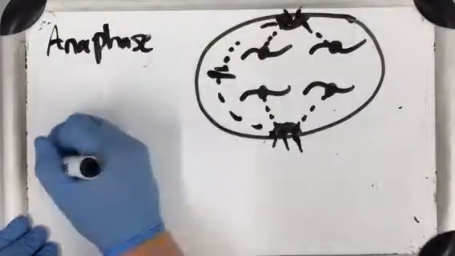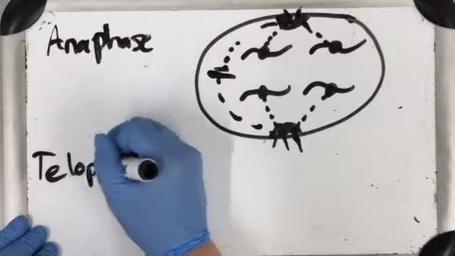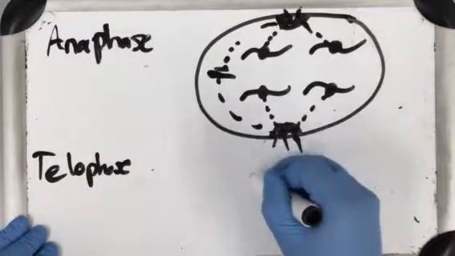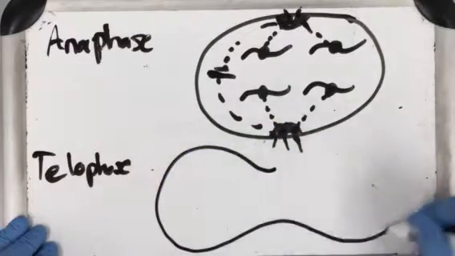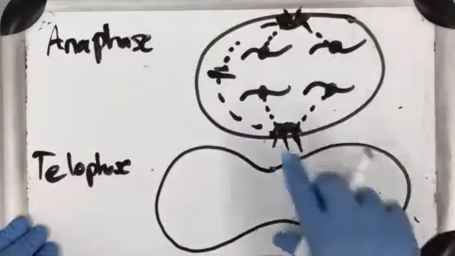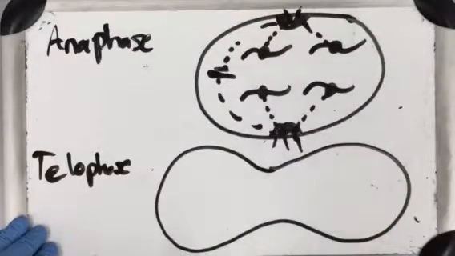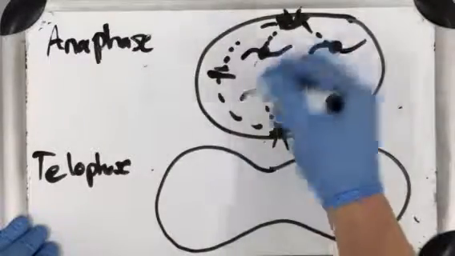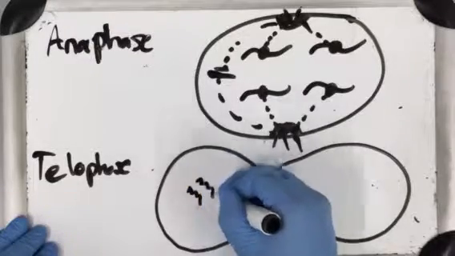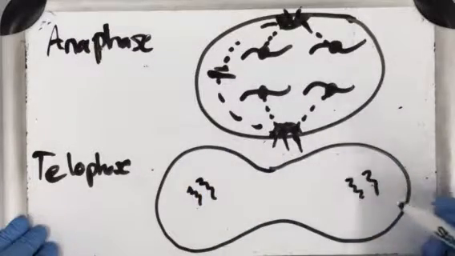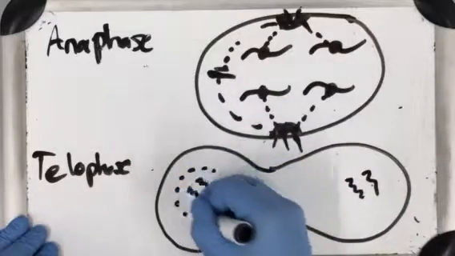So then in telophase, here I'm going to do it from this angle. So cytokinesis is kind of happening here. The chromosomes go from this coiled state back to their uncoiled state. And the nuclear membrane starts to reform.